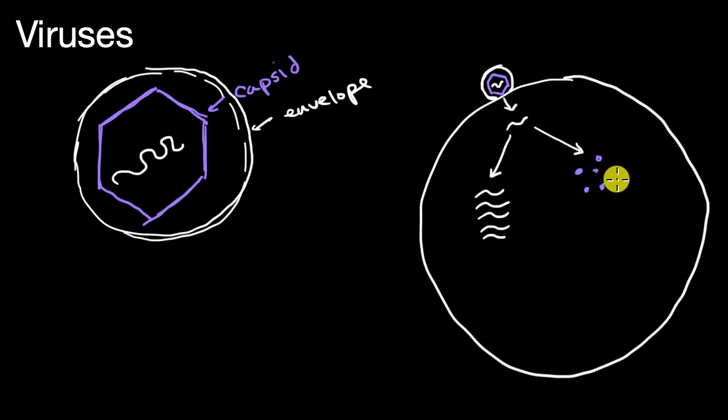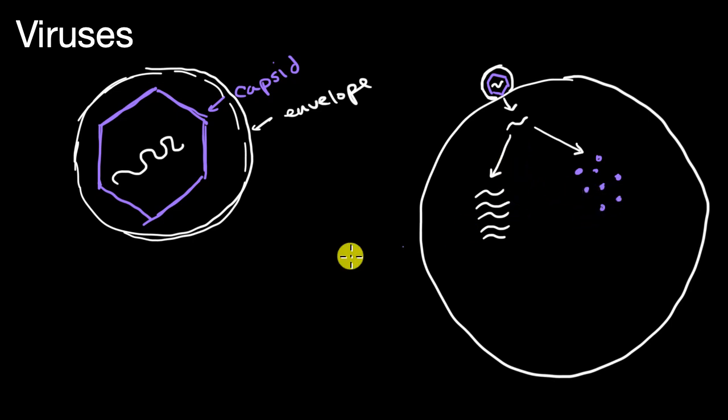So that protein there, DNA gets transcribed to RNA, which then gets translated to protein at ribosomes. The viral DNA is able to do that, to produce these proteins.